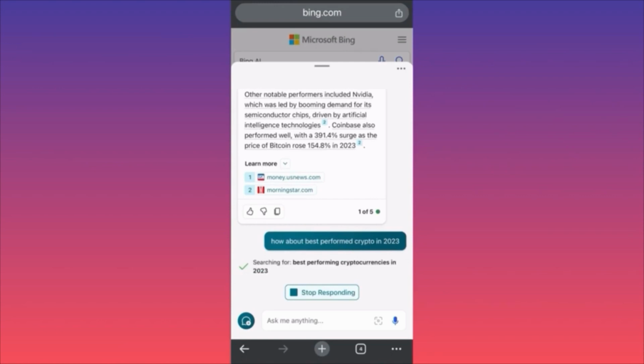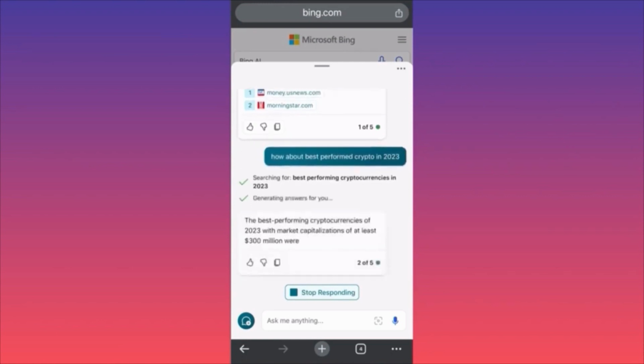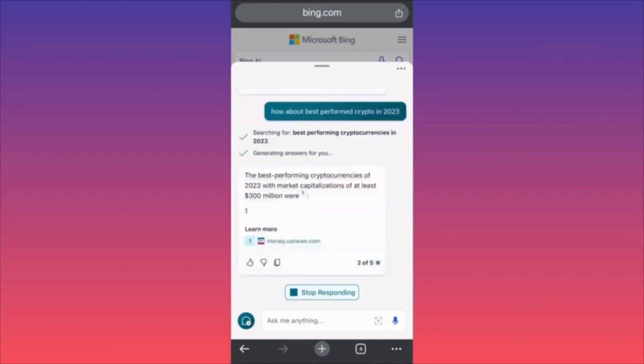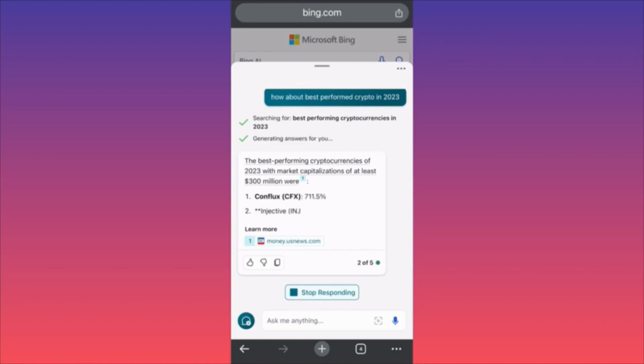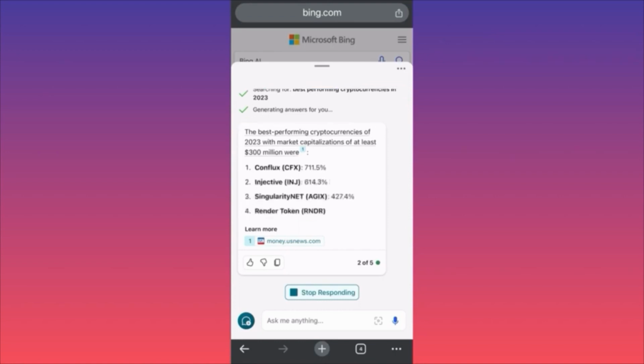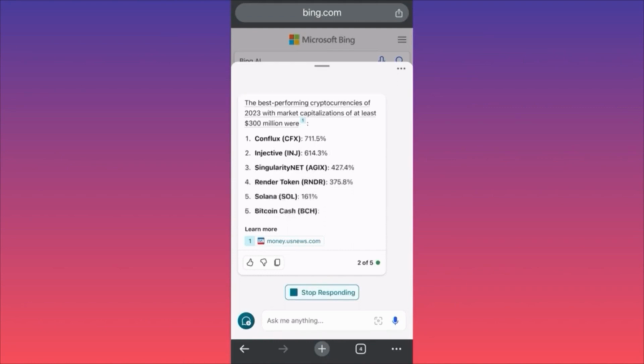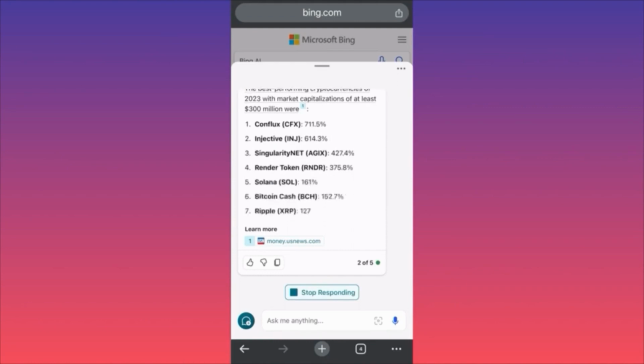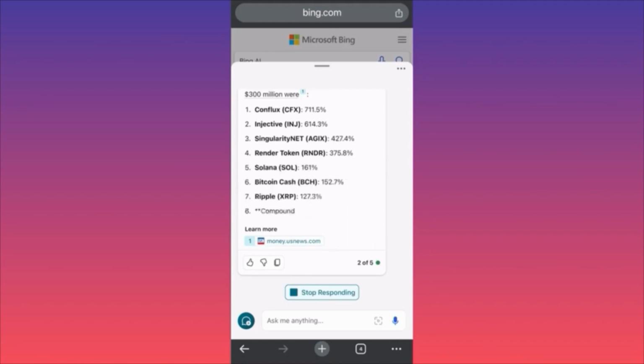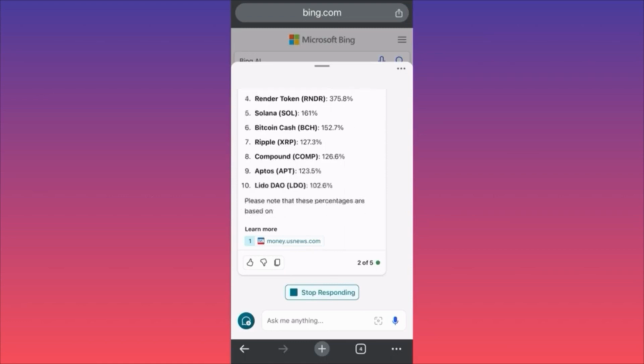The best performing cryptocurrencies of 2023 with a market cap of at least 300 million were Conflux 700%, Injective 600%, Singularity Net 400%, Render Token, Solana 161, Bitcoin 152, Ripple 127, Compound 126, Lido. Unbelievable.